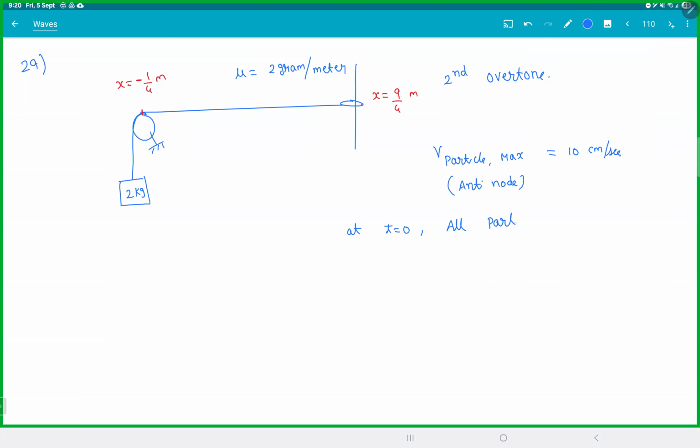So now I'm giving you the picture, I'm giving you the data and asking for the equation. Half of the amplitude and going towards mean.